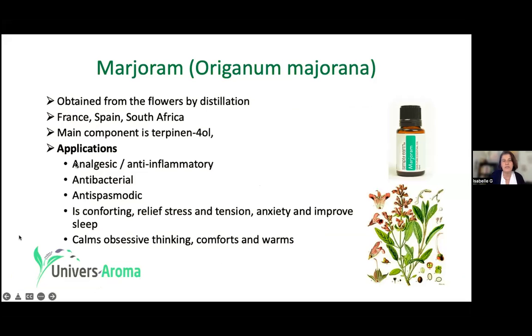You can use it for its properties: analgesic, anti-inflammatory, antibacterial, antispasmodic, but emotionally it's very comforting. It relieves stress, tension, and anxiety, and improves sleep. It calms obsessive thinking, comforts, and it's very warm.